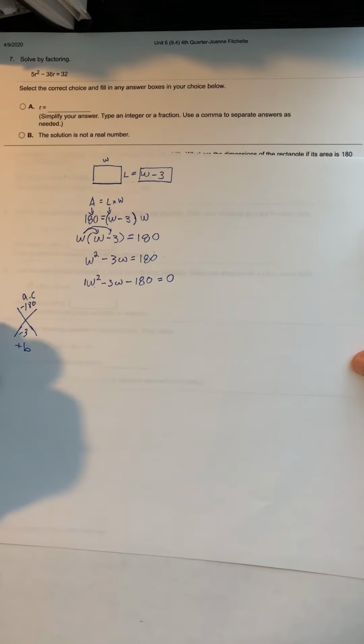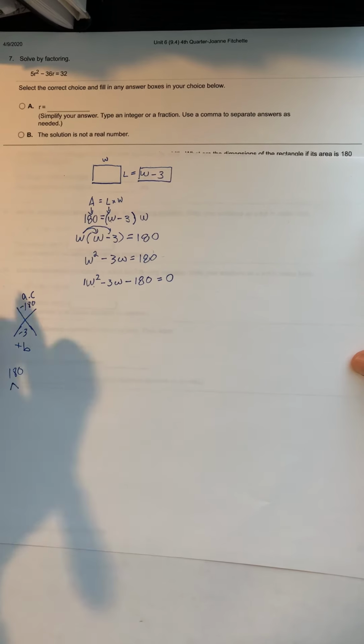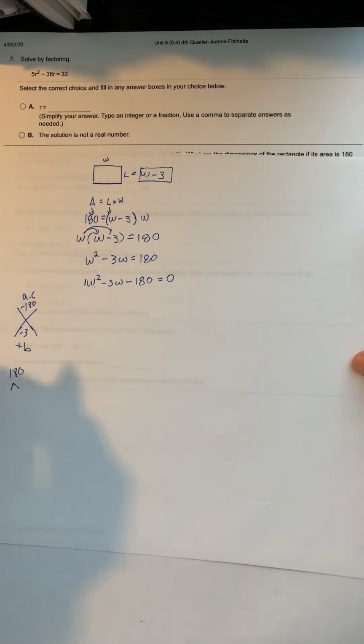All right, so I'm thinking of factors that will come out to negative 180, but when I add them together will be negative 3. Okay, I'm going to start, let's say, with a 10 and an 18. That's going to come out 180, but when I subtract them, it's not going to be a 3. 180 I know will be factors of 5 or 10, so let's try 15.